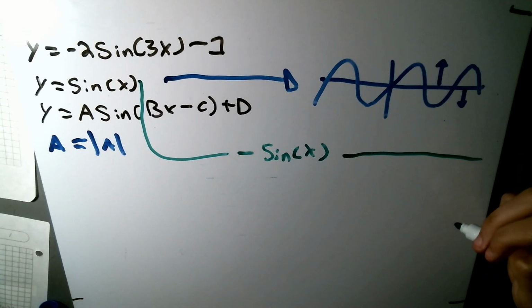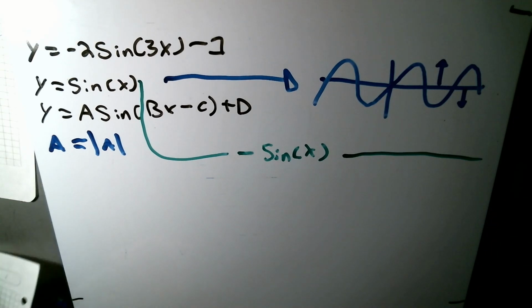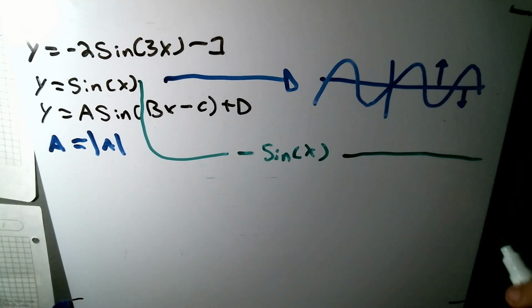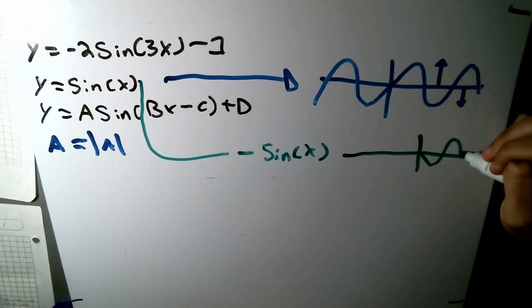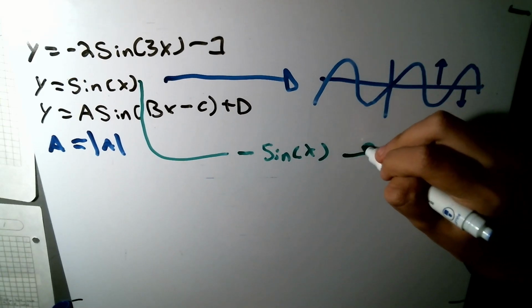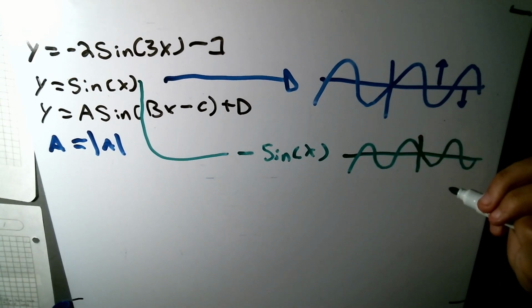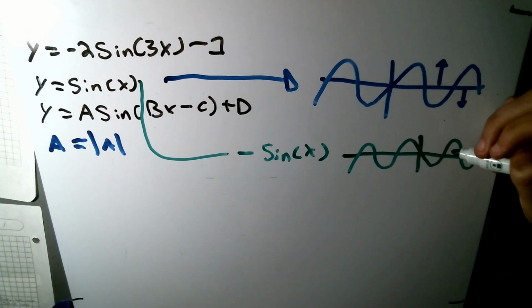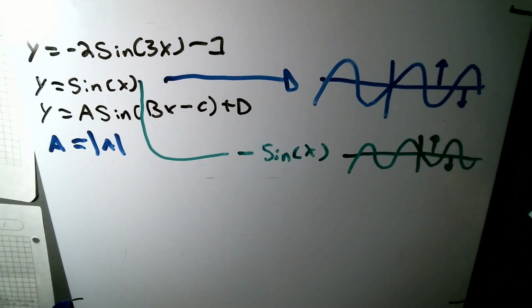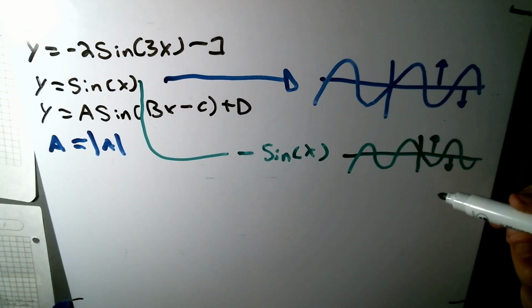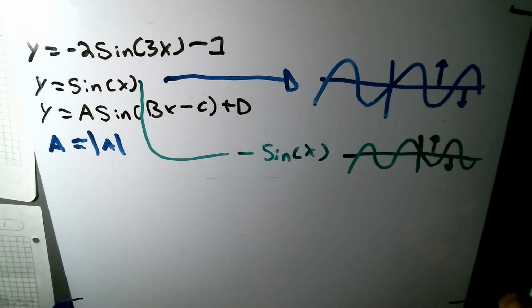Instead of going up, it will go down from the origin. So it goes down and up, down and up, and the same thing on the other side. This is one of the transformations: instead of going up, the wave goes down. That's the change that a does.